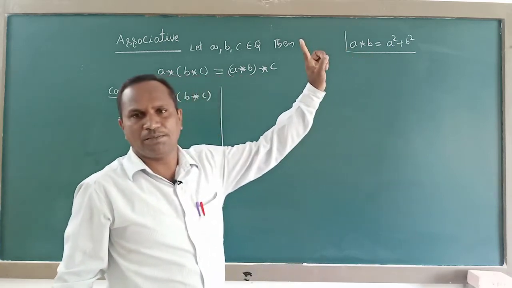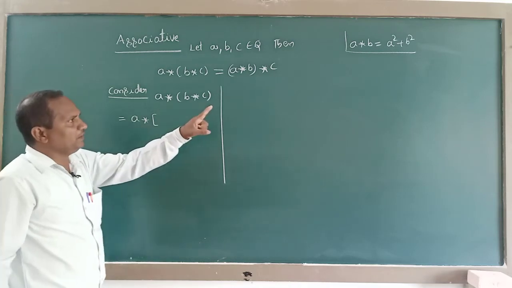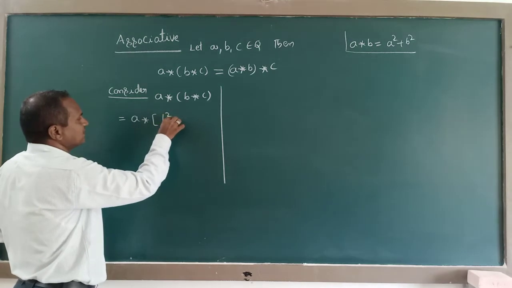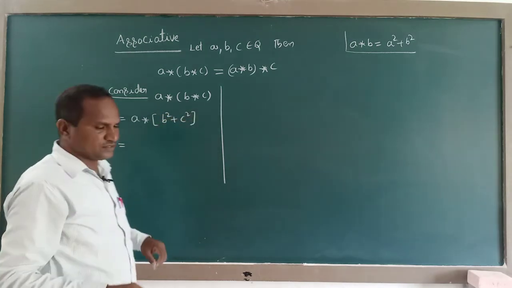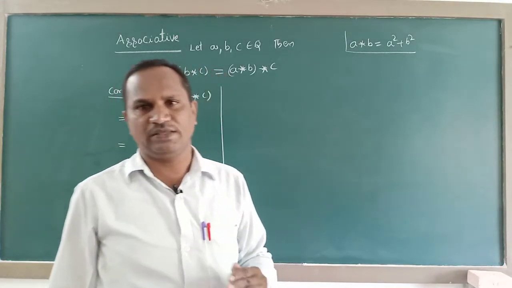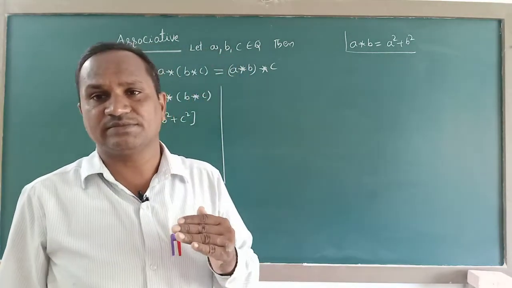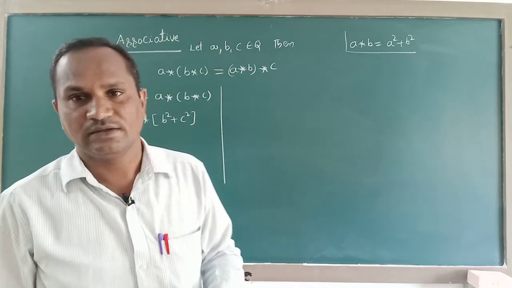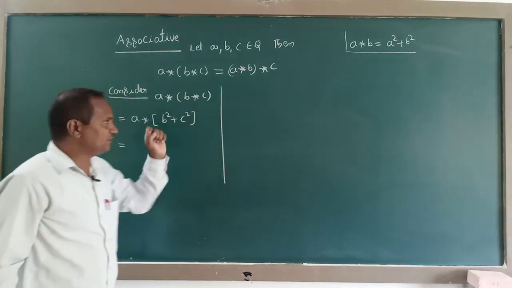Now we apply the definition for B star C, and this becomes B square plus C square. Now A star of B square plus C square. Once again star has come. I already told in the previous class, however many times star comes, that many times you have to apply the given definition. Now star has come once more, so we have to apply that definition once again.